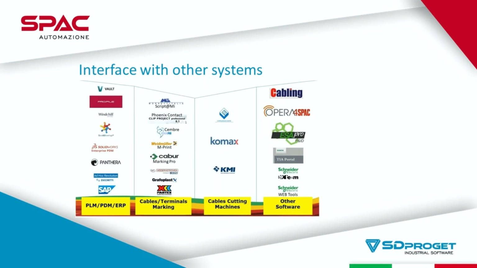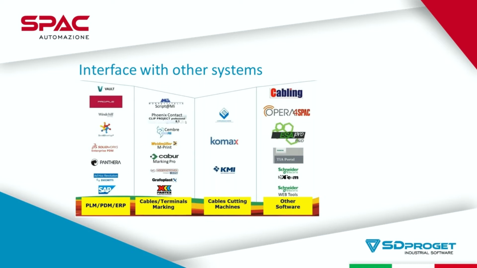Finally, given that the automation world and the electrical system are always evolving, we have specific partnerships with other companies for the specific drawing of electrical harnesses, both from a constructive and a functional point of view. We also have a partnership with Remorit's company for being able to put our projects in Opera Cloud.